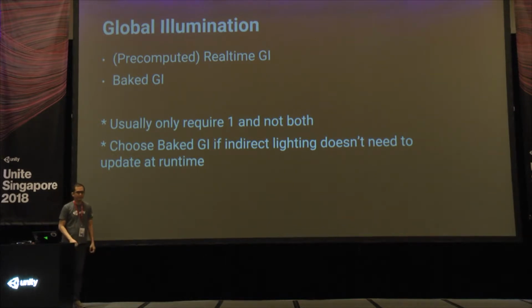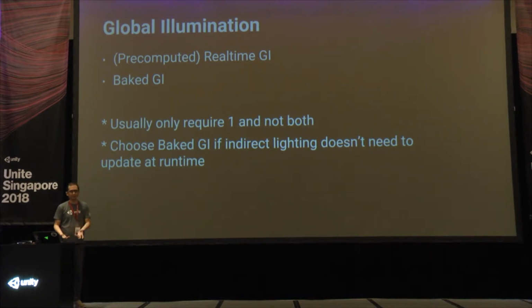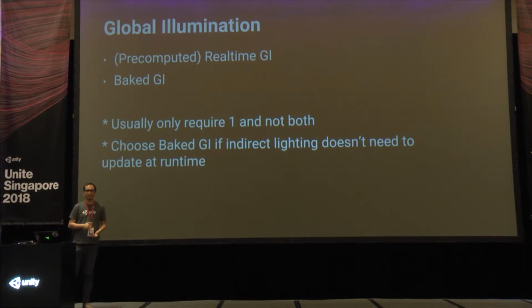So for new users, when you start a project, what they don't realize is that real-time GI is usually enabled by default. And then you may have heard, oh yeah, for performance's sake, I should bake my stuff, so I should enable baked GI, right? And so what new users normally do is enable baked GI with real-time GI already enabled.